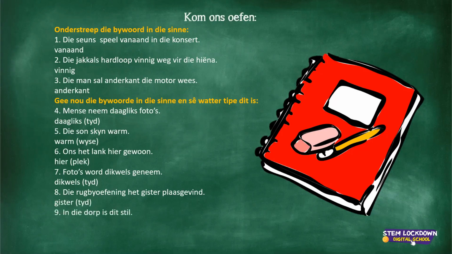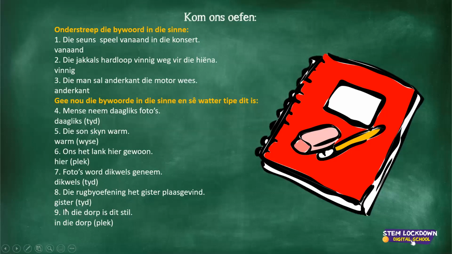Next one. In die dorp is dit stil. Dorp would be my noun in the sentence. Is is my werkwoord. In die dorp. Remember, a byword can also be a phrase.